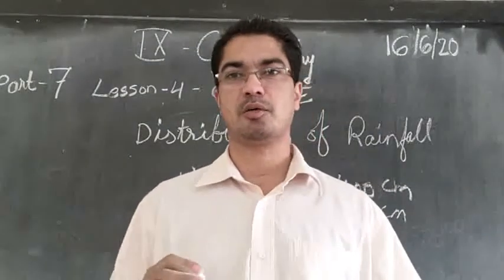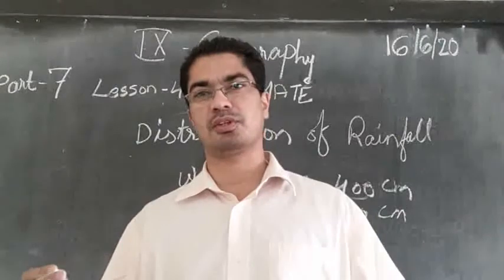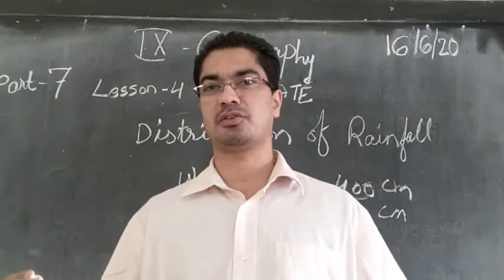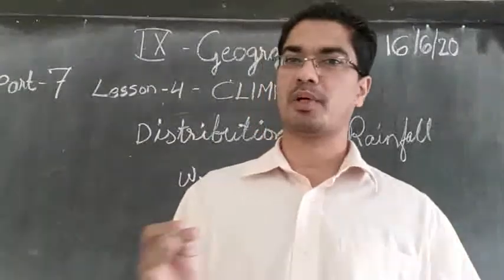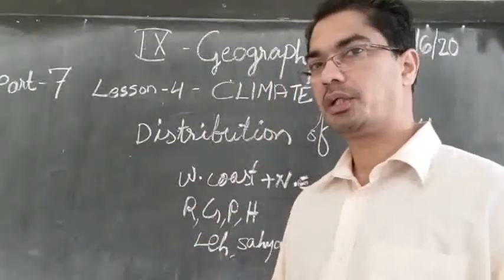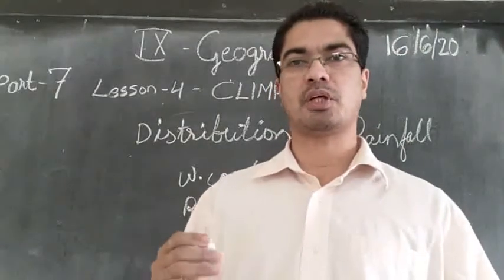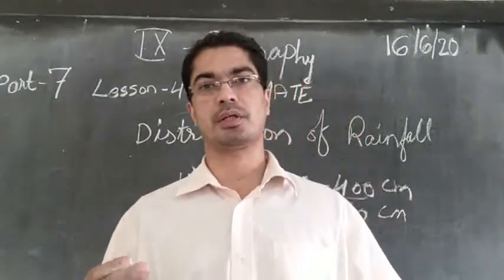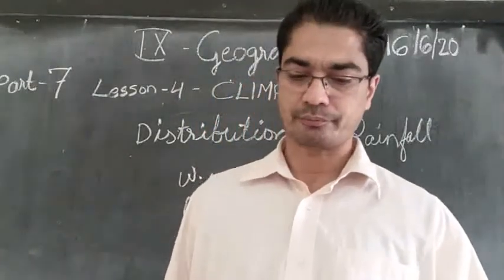Every year the monsoon does not come at the same time with the same force and does not remain for the same period. Sometimes it is longer, sometimes shorter, sometimes it comes late, sometimes it goes early. Because of that, every year we have a different amount of rainfall. Sometimes it is high rainfall throughout the country, sometimes very low rainfall throughout the country.